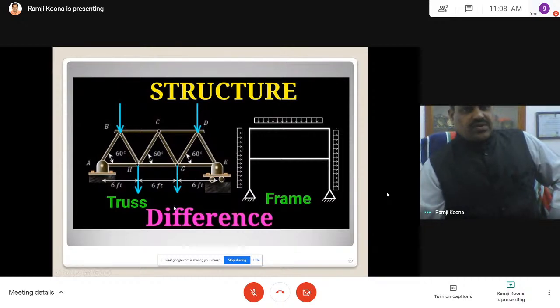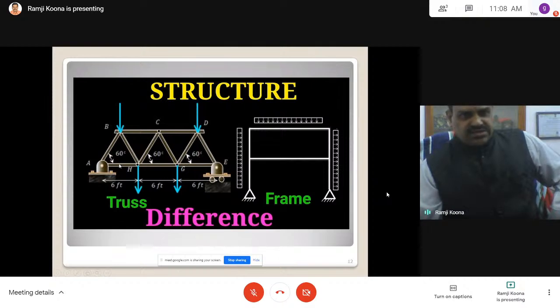See, this is what a truss is. A truss has loads always at the joints, whereas in a frame you can apply loads anywhere. This is the basic difference between the truss and the frame.